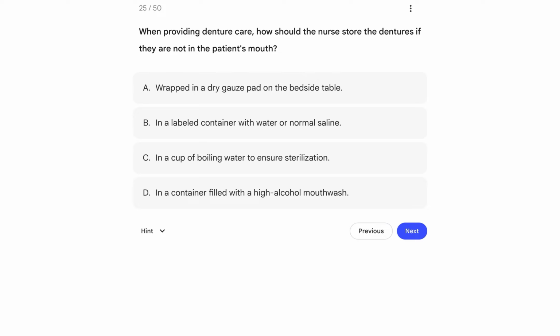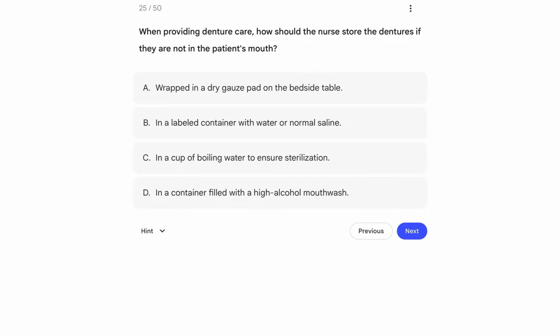25th question. So 5 questions more after this. When providing denture care, see, every question is coming, right? When providing denture care, how should the nurse store the denture if it is not in the patient's mouth? If you remove the denture, then in what solution or in what thing will you soak it?